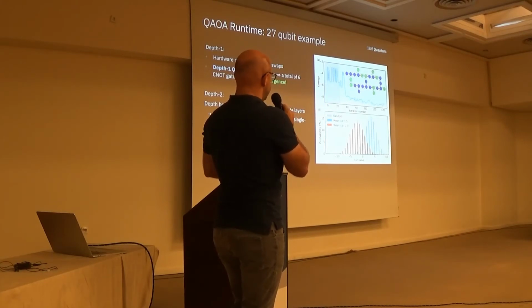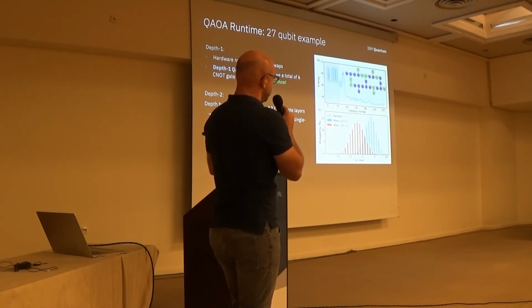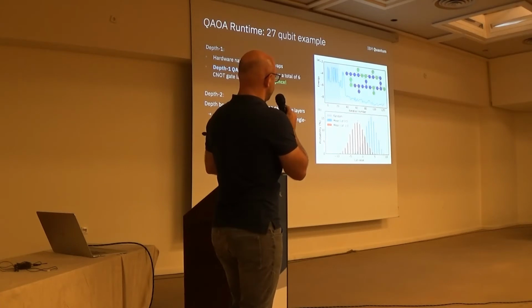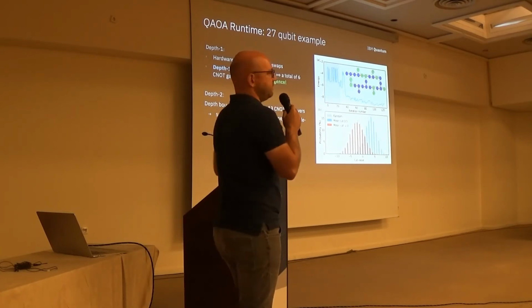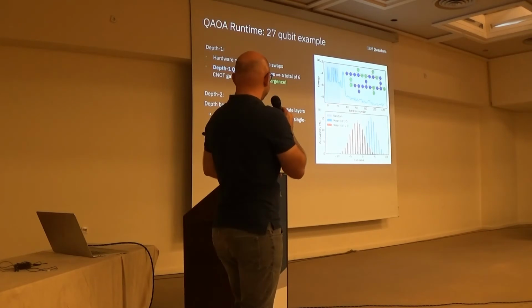And for QAOA depth 1, we saw relatively nice convergence. And you see here the sampling behavior in gray for random, and in blue after the optimization, where the optimal cut would have been 12, we achieved 10, so it's not yet getting the global optimum, but it's working relatively nicely for depth 1 QAOA. And we tried depth 2, and this is what you see in red, and this is essentially just random sampling.